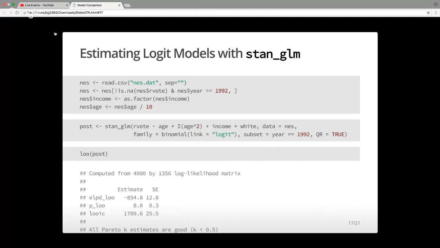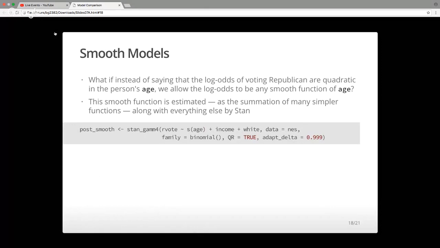So I want to quickly show you another model, and we'll talk about this more some other time, but for those of you who were in data mining last semester, we had models that had smooth functions of one of the predictors. So rather than saying age is linear, age is quadratic, we can just say, well, there's some smooth function of age that predicts voting.